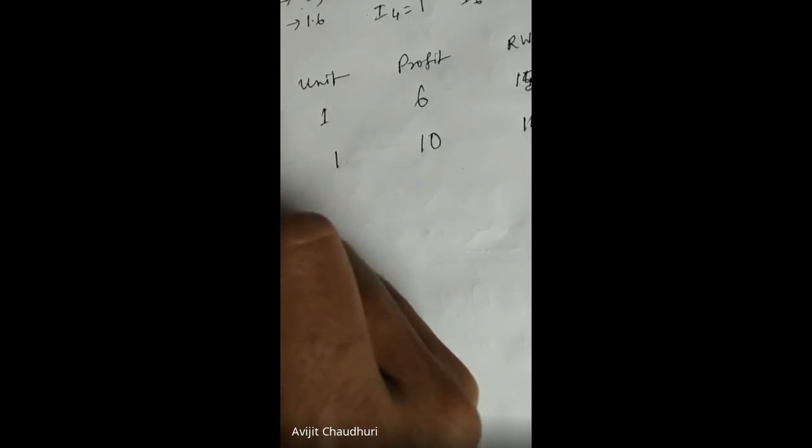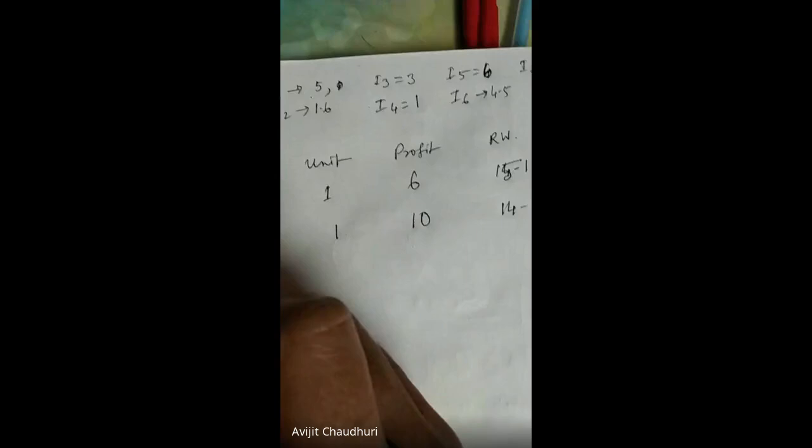Now the next one is I6. Profit is 18. 12 minus 4 is equal to 8.